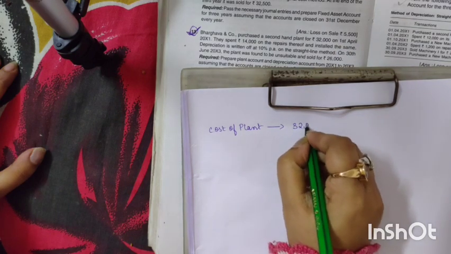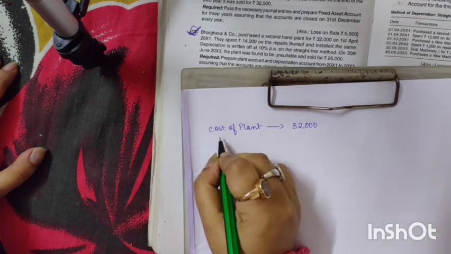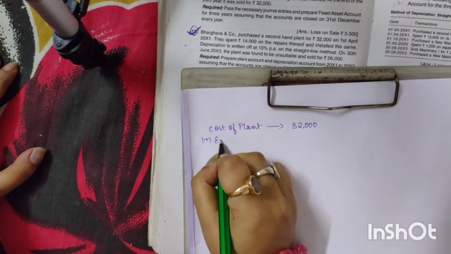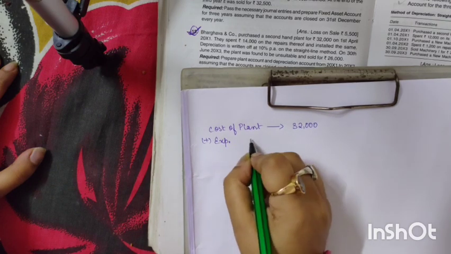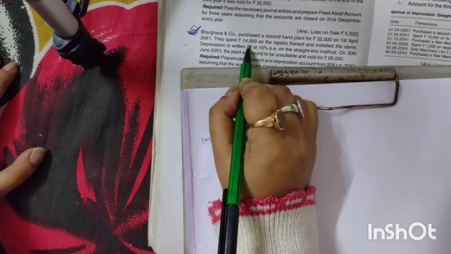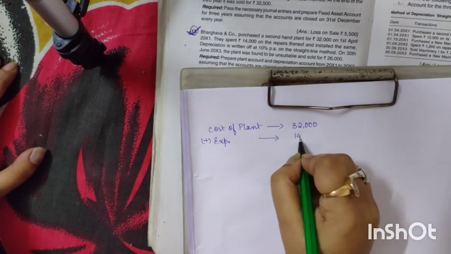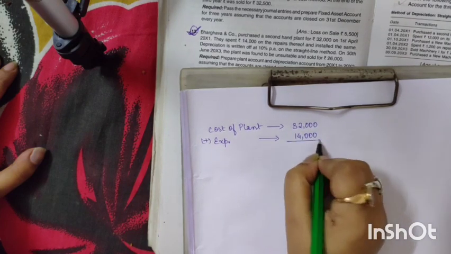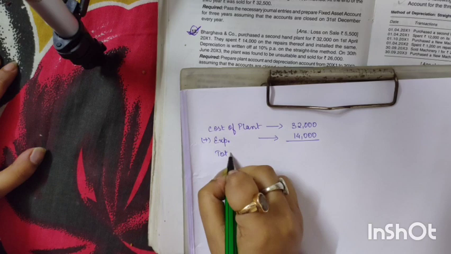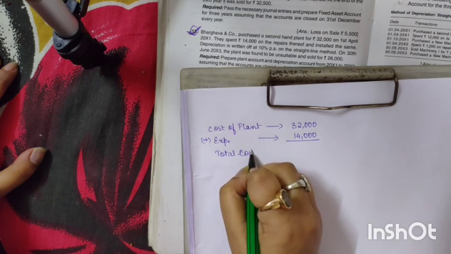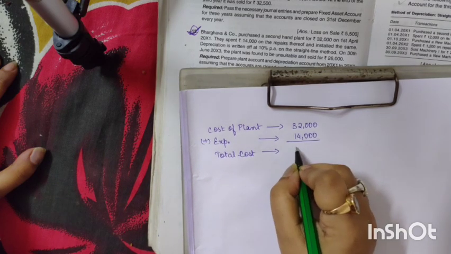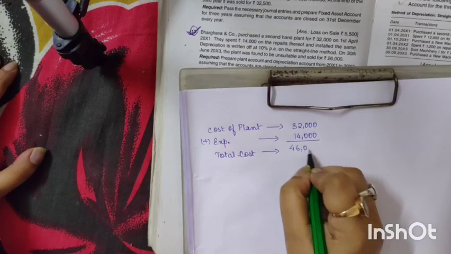Okay. And now add expenses. What was the expense? 14,000. So that means the total cost of the plant is 46,000.